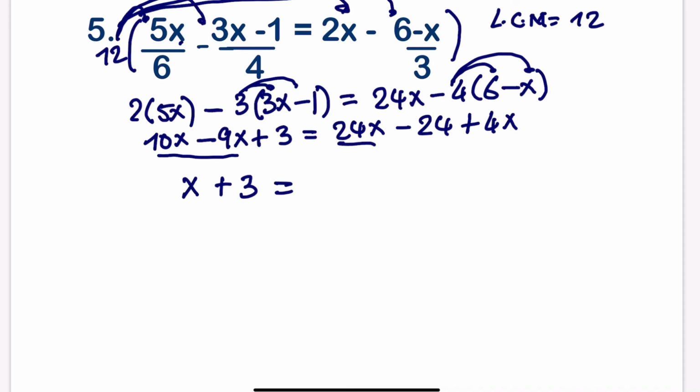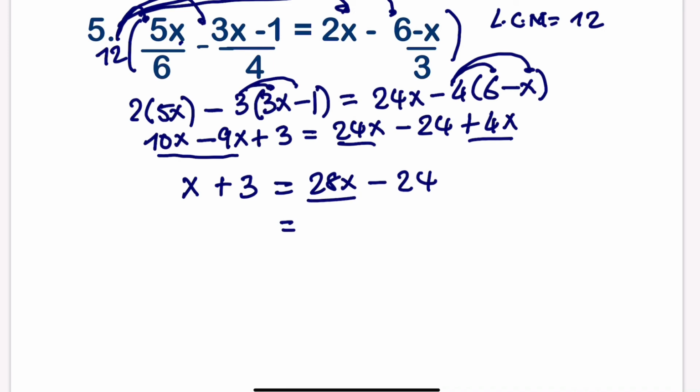So if we simplify, this will give us x plus 3 should be equal to, if we add this, 28x minus 24. Next, we have to bring the like terms together.